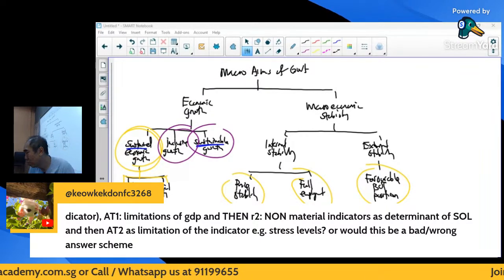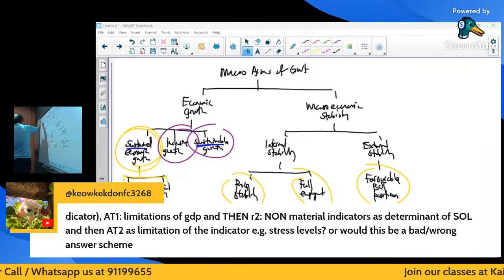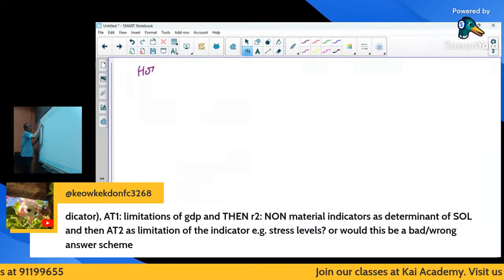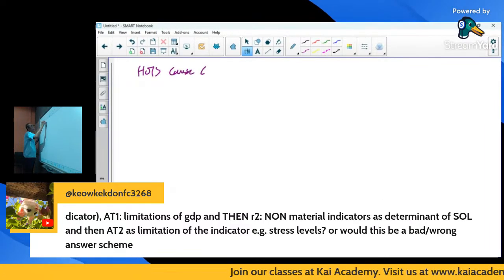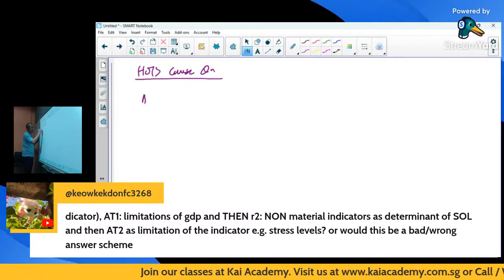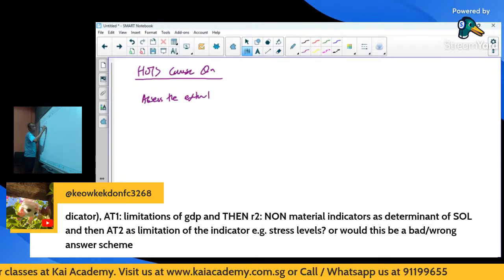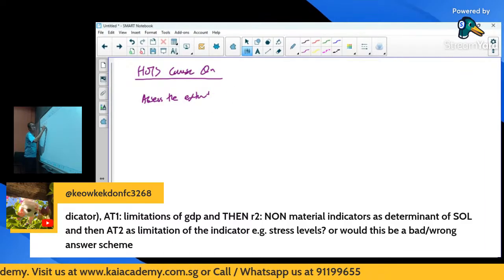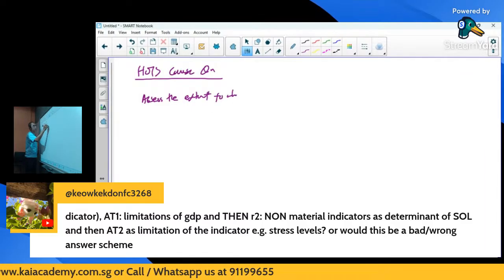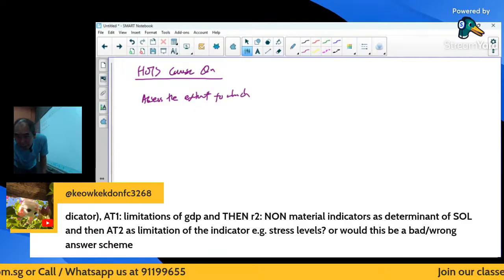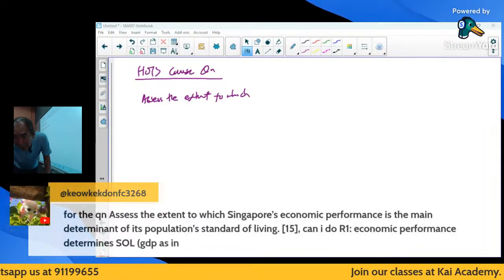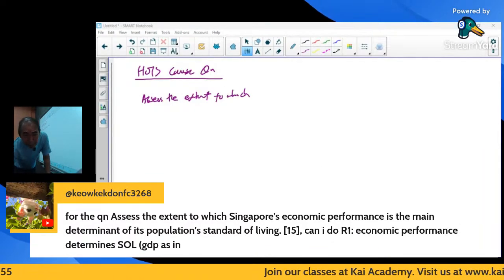The method I would use: this is called a HOTS causes question. The question is, assess the extent to which Singapore's economic performance is the main determinant of SOL.